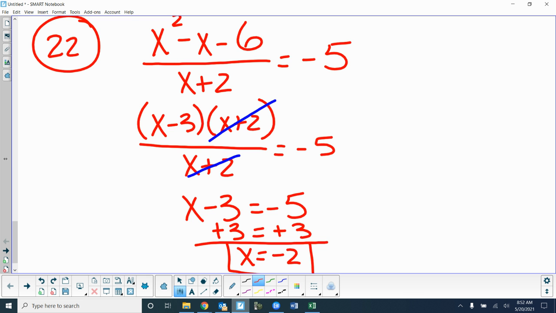We got X is -2, we did everything right, but what if you plug -2 into the original problem? What happens? What happens when I plug -2 right there? I get 0. Am I allowed to get a 0 in the denominator? No. So we did everything right, and -2 is going to be one of your choices, but -2 is the only number we're not allowed to have, right? So actually this has no solution.